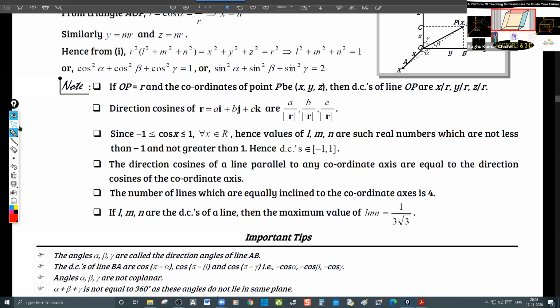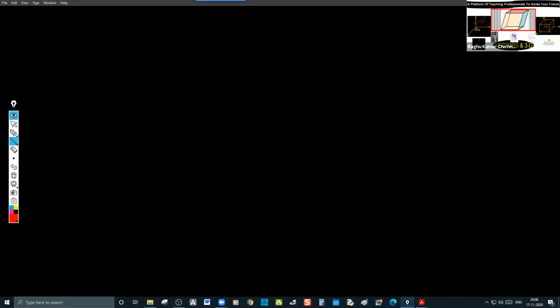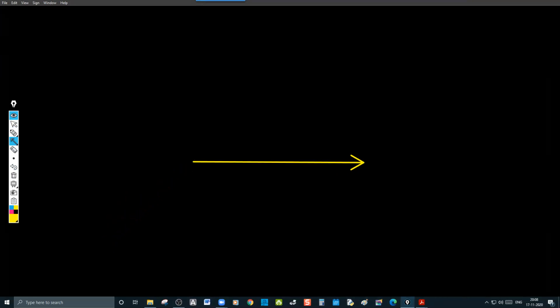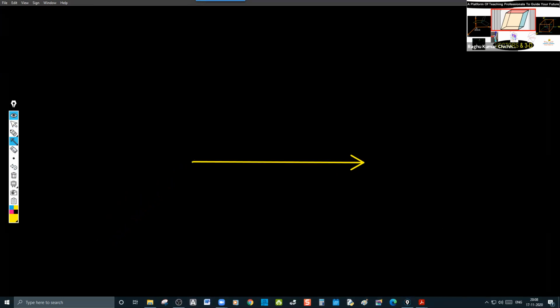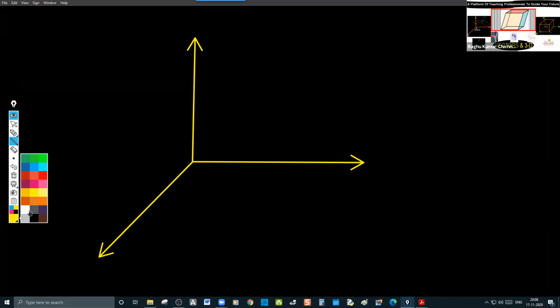See here, if you take the x-axis, y-axis, and z-axis, what is that first point there? The lines that are equally inclined to the coordinate axes. It means you take a line making equal angles with the coordinate axes.